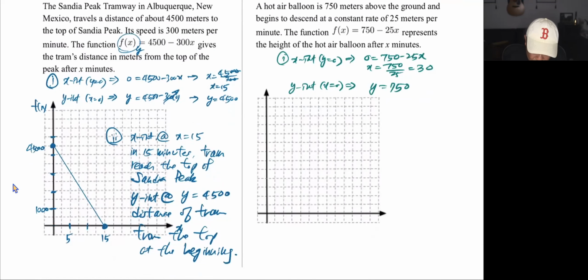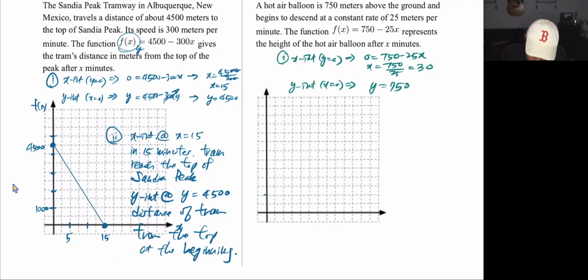So now what do I do? Maybe that is 300, 150, 450, 600, 150. Okay, so that right there is 750.